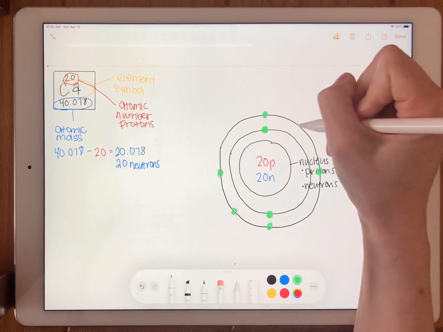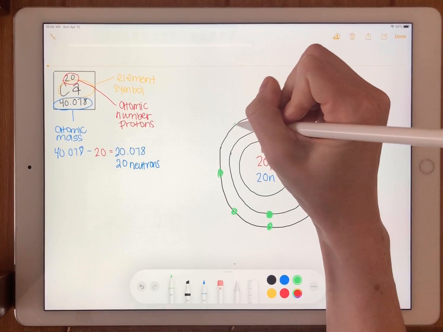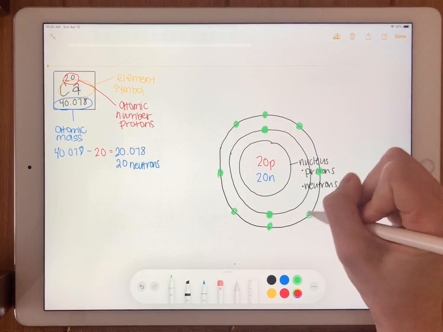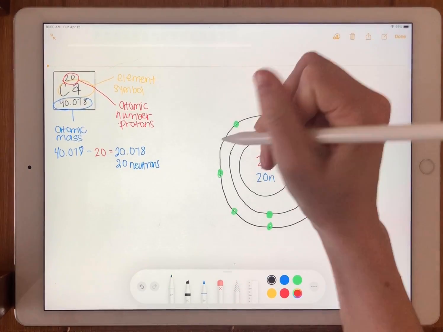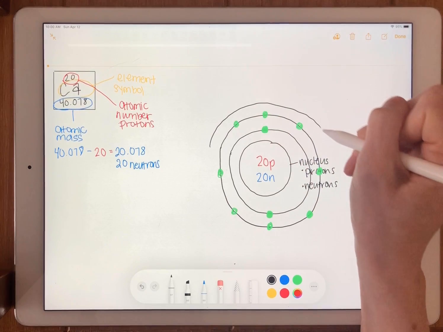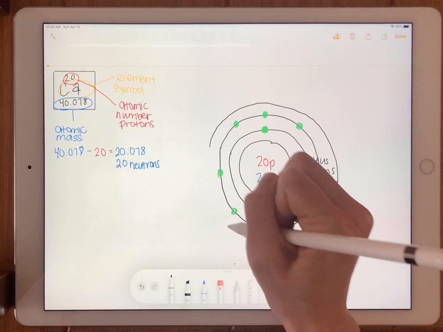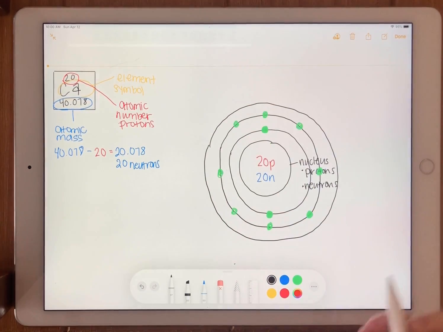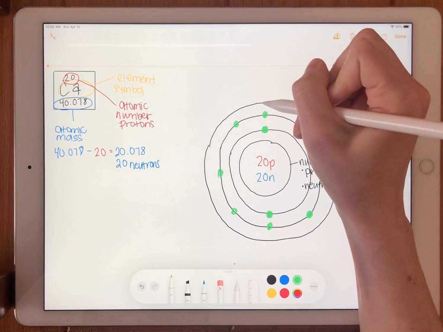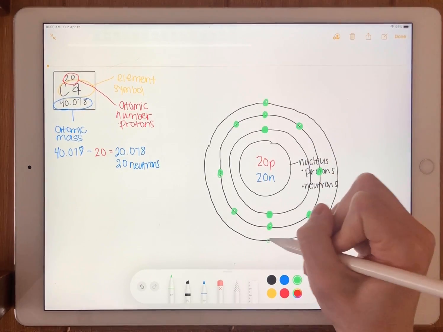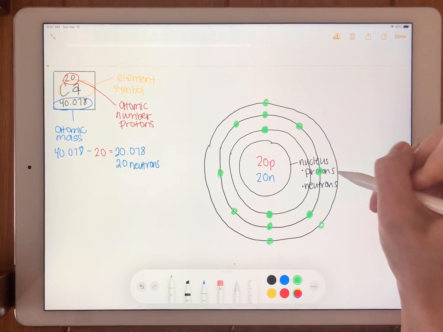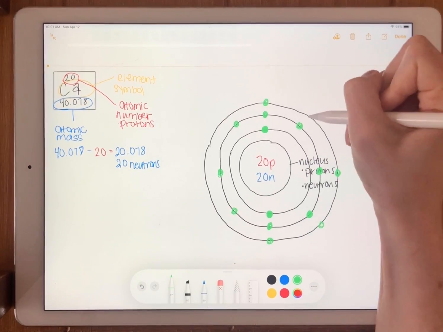Which makes 10. So we need 10 more. So 8 can fit on this ring. And then on the following ring, we just need 2.